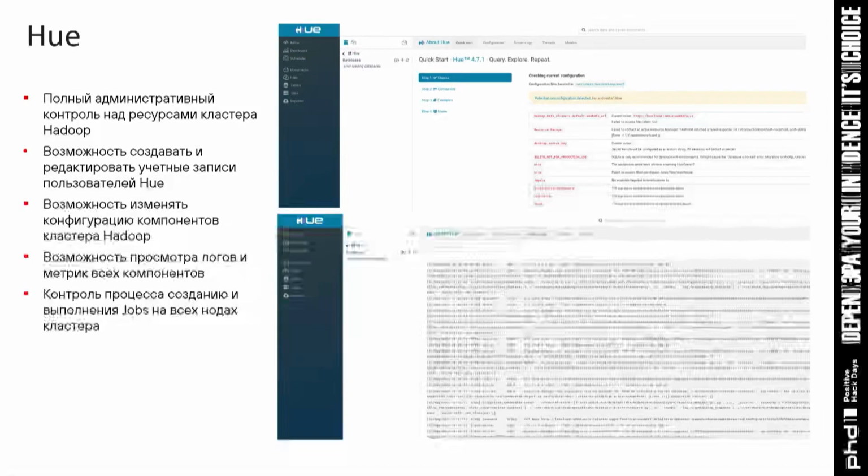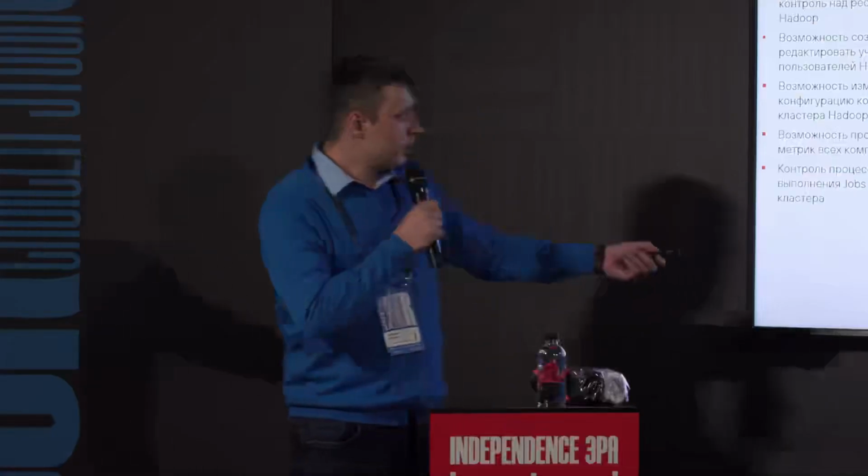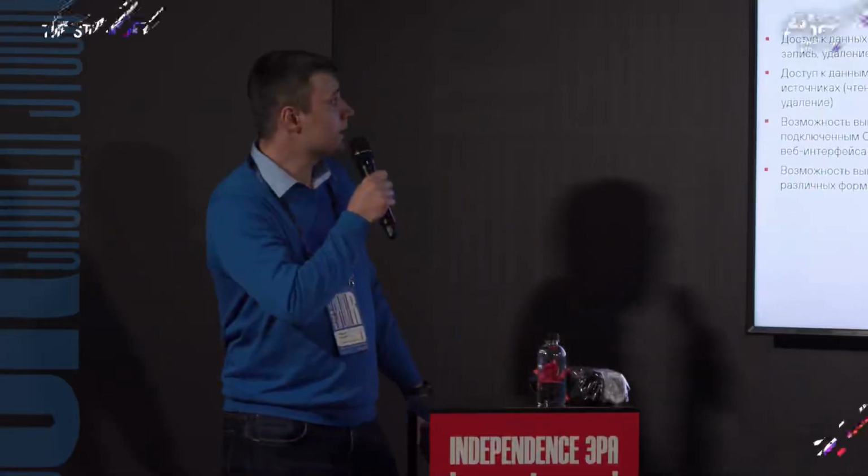Thus we can see all of the logs from everywhere, and we can use them further. We get the entire control over the creation of jobs at all of the nodes of the cluster. You can see this in the interface. You can remove a job which was launched, for example, 700 days ago, and all of the analysis will unfortunately be lost. What else can we do with Hue?